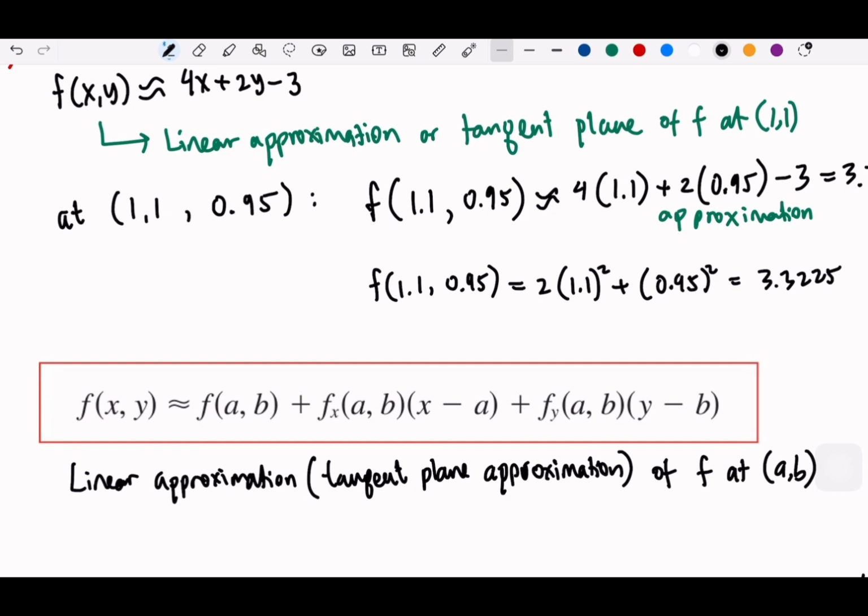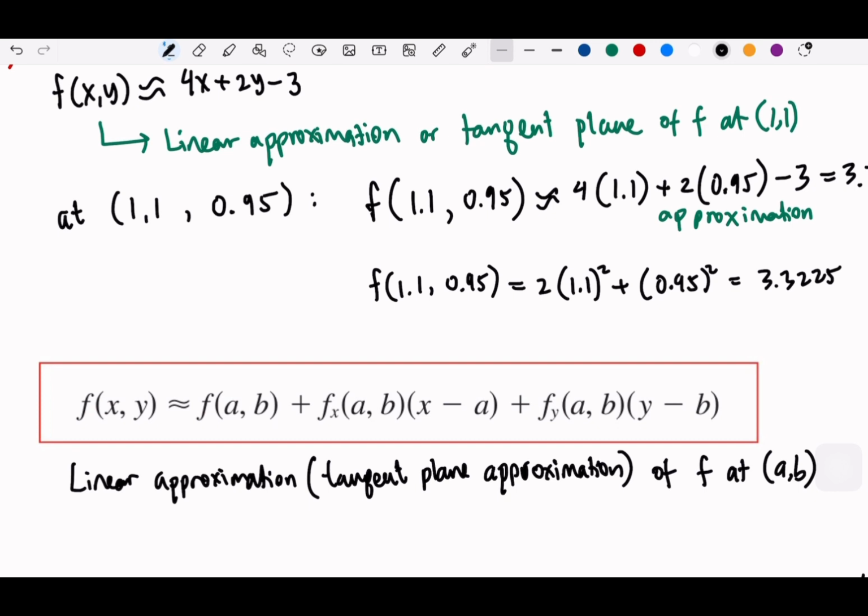Okay, practically, if you see what we have here, this is actually the same thing as our tangent plane equation. We put this in, this will be the z, right? And this will be the same as the tangent plane equation we did before. The difference is, first we set up any (a, b) that is easy to describe and easy to compute, and then we choose some (x, y) that is nearby (a, b).